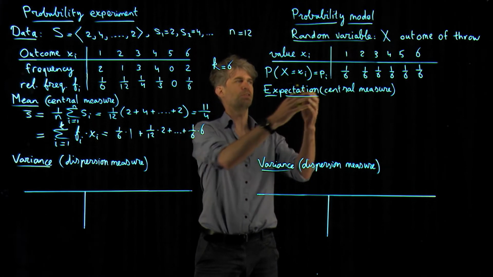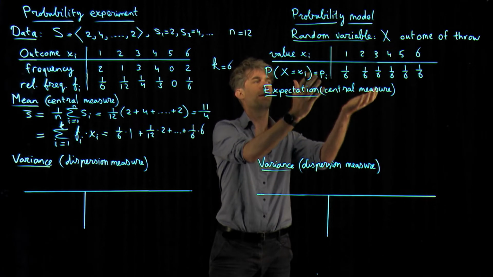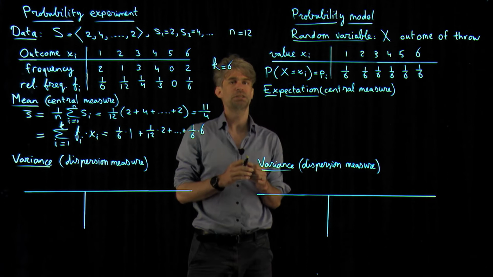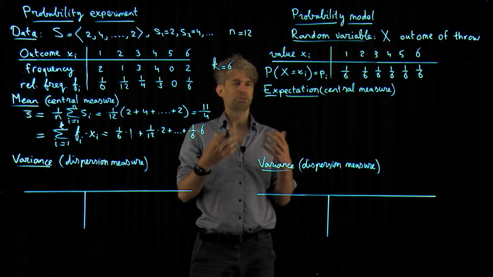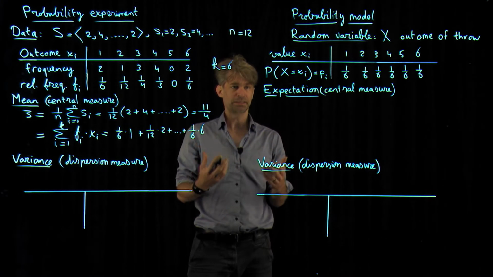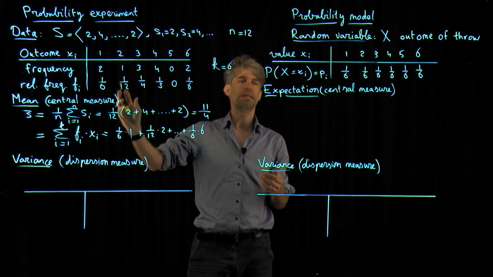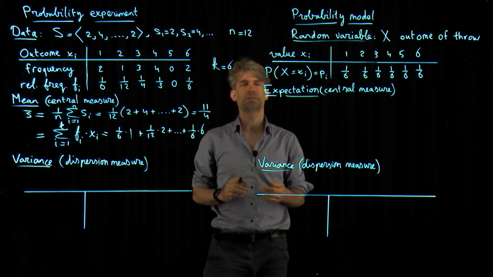Now of course there's not an obvious mean here, but the interpretation of the expectation is that we're going to compute something of which we expect that if you repeat this experiment often enough, the mean is going to approximate this expectation.